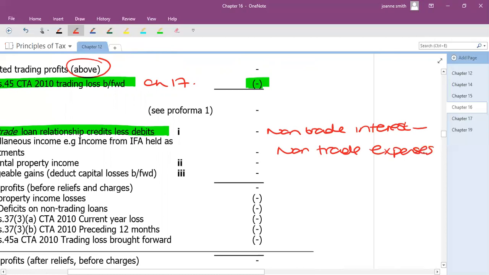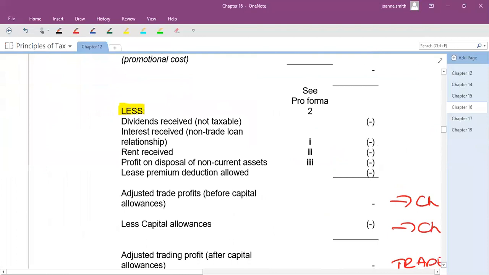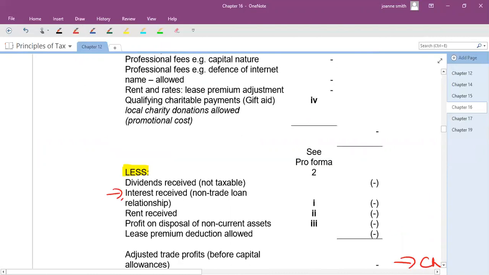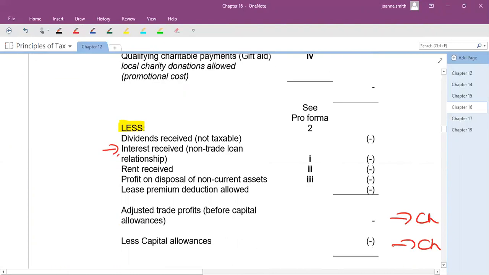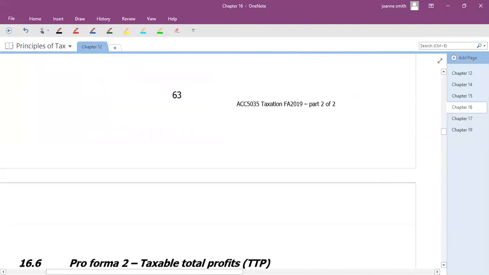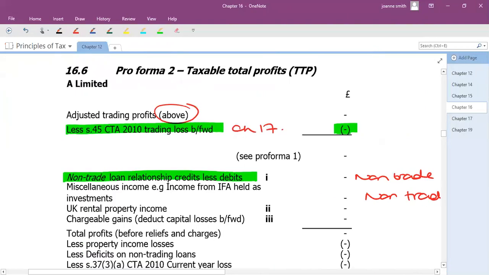So your non-trade interest and your non-trade expenses for interest, should we add that, will be anything that you've adjusted for up here. So if you've got any interest received that you've disallowed because it's nothing to do with the trade, or you've got any expenses up here for interest that you've disallowed because it was non-trade, then they just go in at a separate line here.